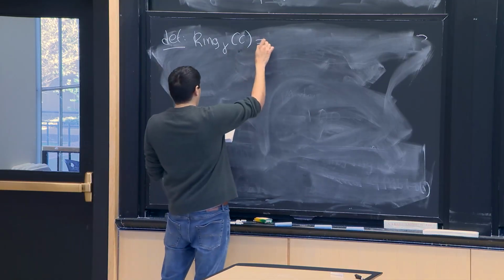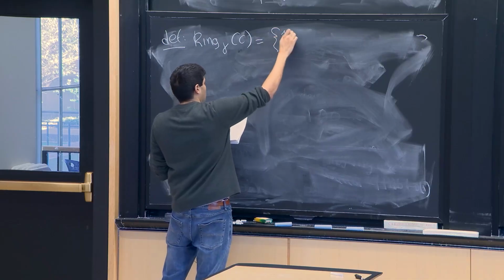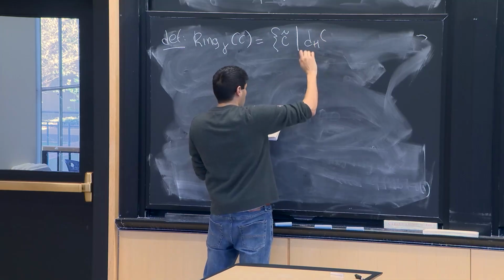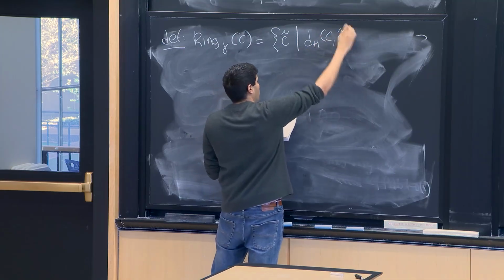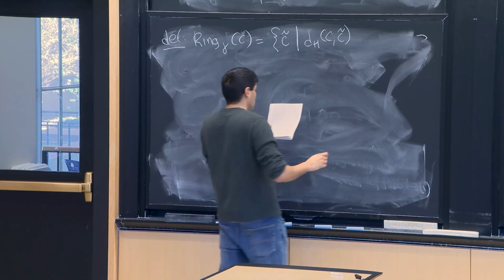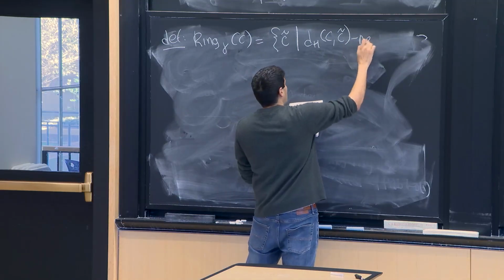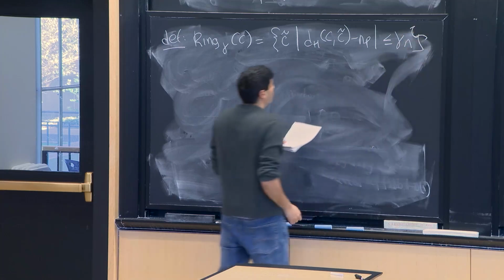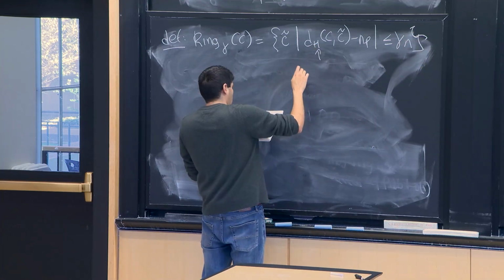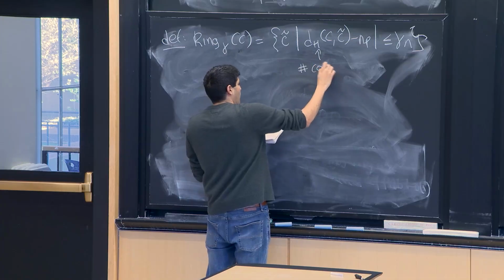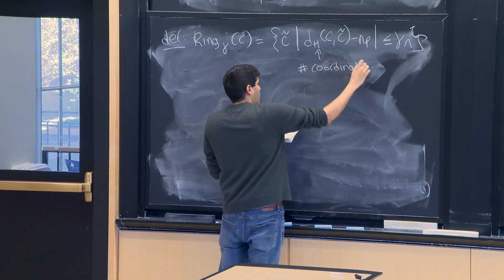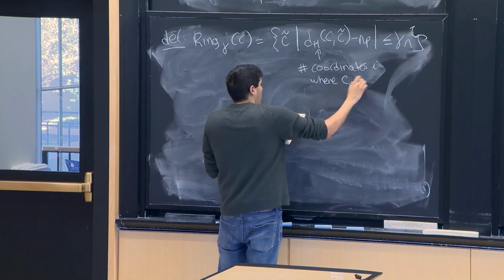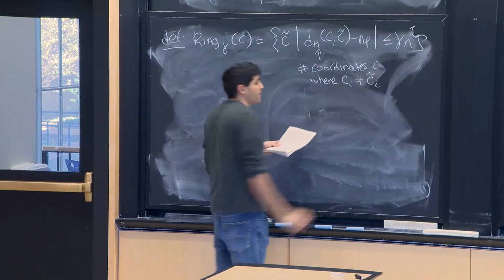And I'm going to let this ring be the set of all C tildes such that the Hamming distance between C and C tilde, minus np, is at most gamma n. Let me be precise about the Hamming distance, in case you haven't seen this term. The Hamming distance is just the number of coordinates i where C_i is not equal to C tilde_i.